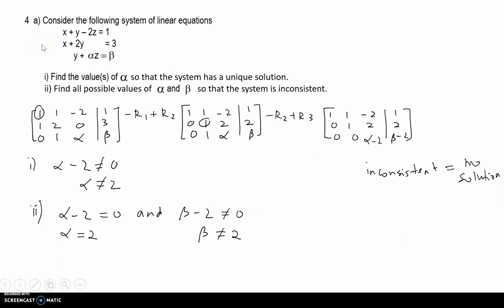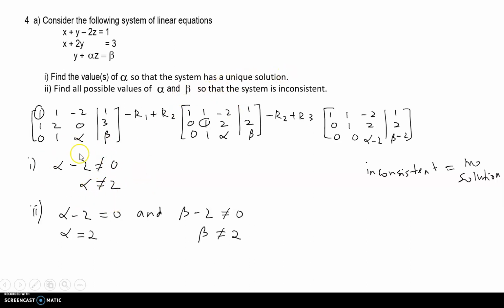Next, question 4a. This also has a similar process. We transform the given system into an augmented matrix and then reduce it using elementary row operations to get REF. So question 1, to find the value of alpha so that the system has a unique solution.